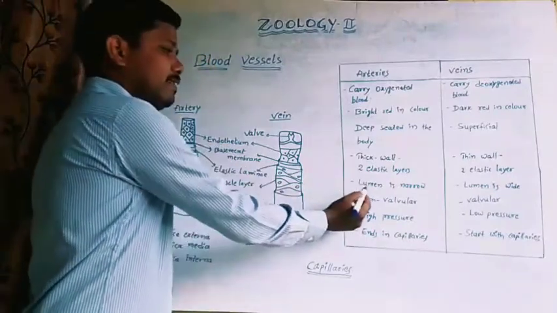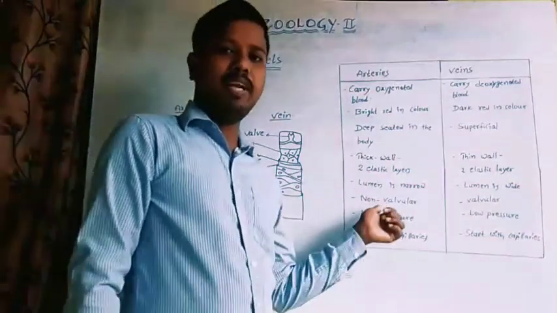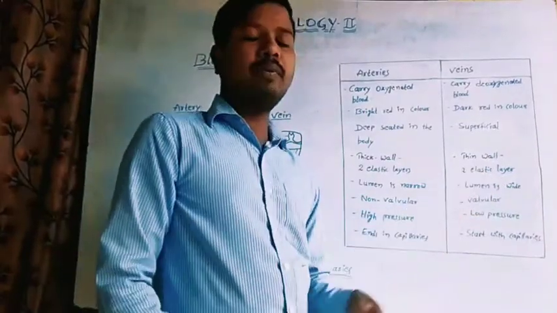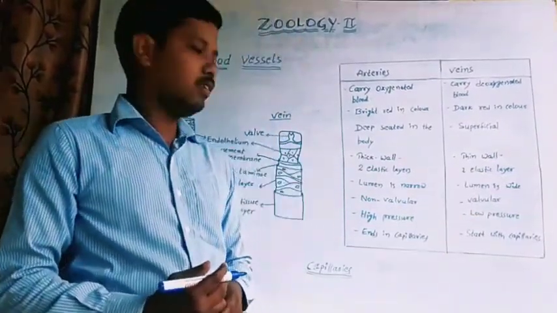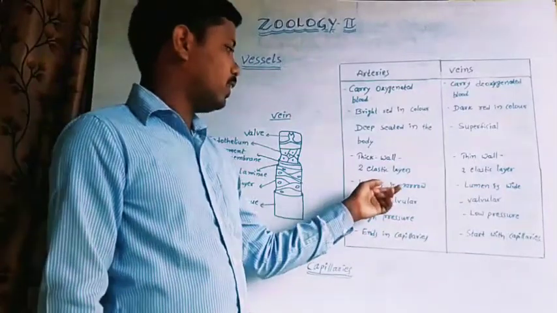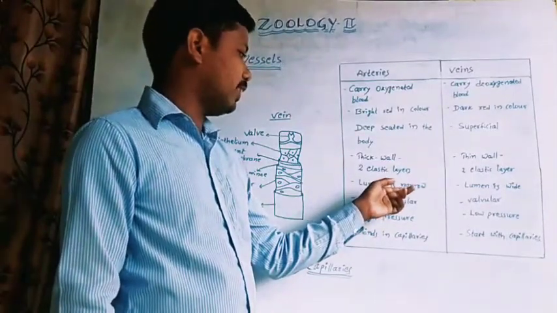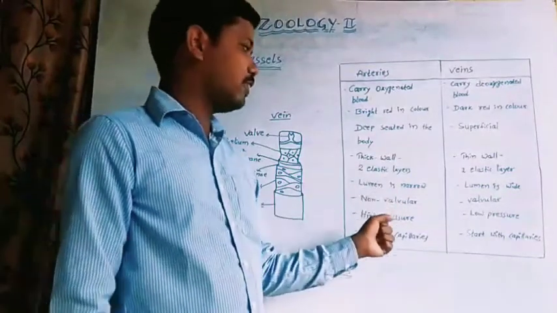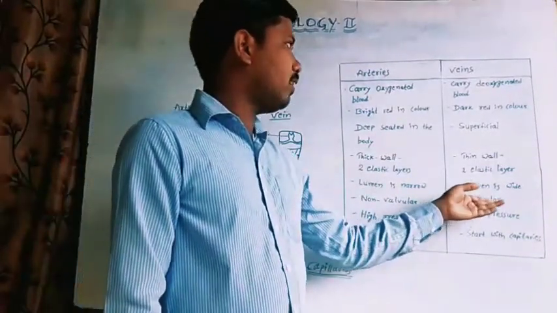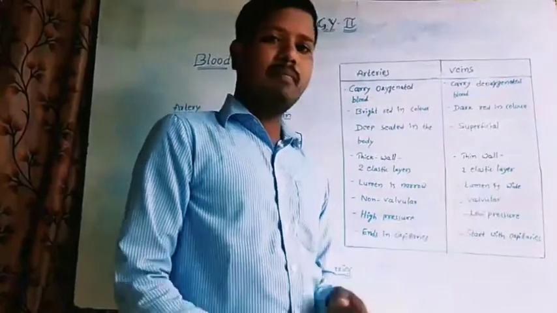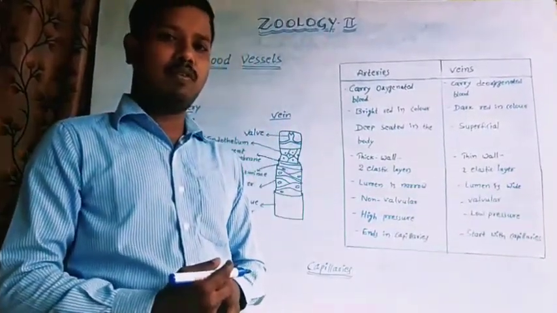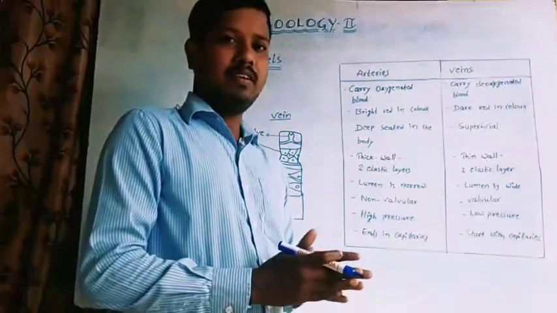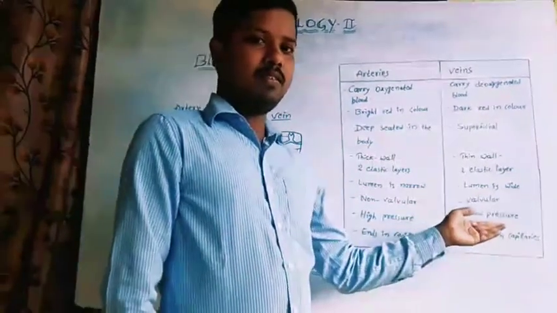Arteries' lumen is narrow, but veins' lumen is wide. The blood flows in the arteries by jerks. Veins permit the blood to flow as a constant flow.